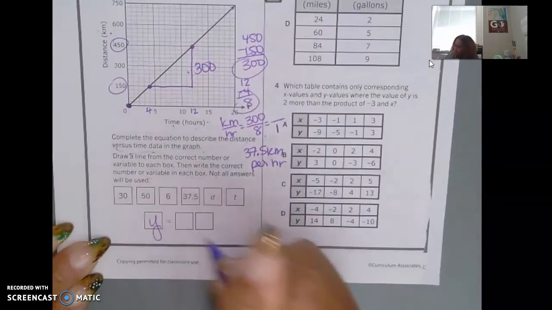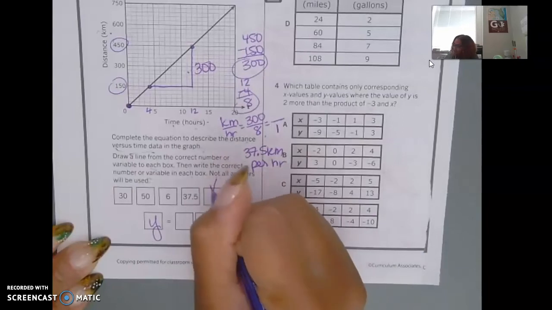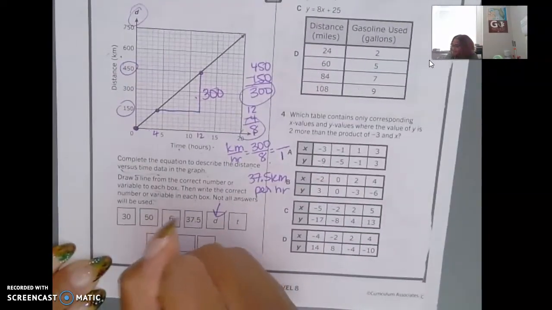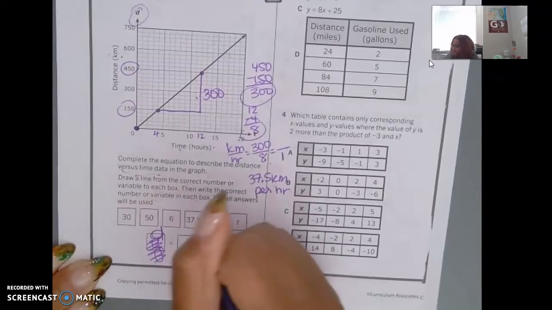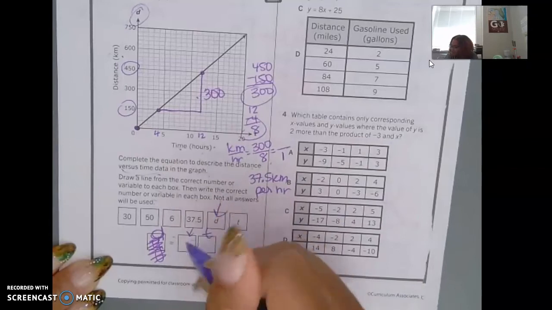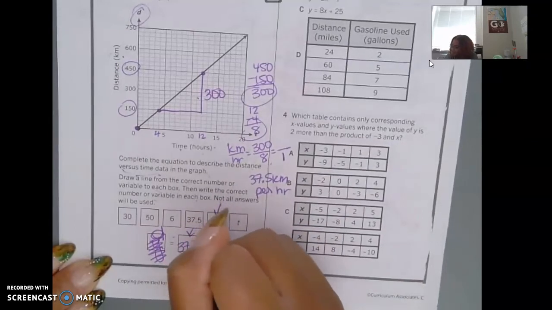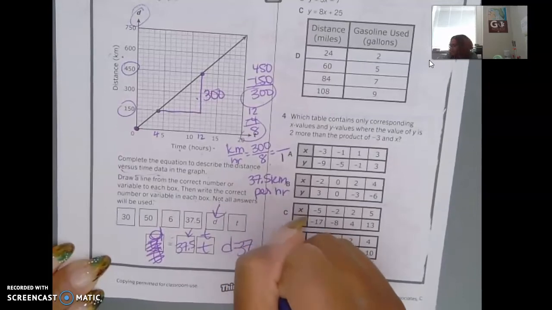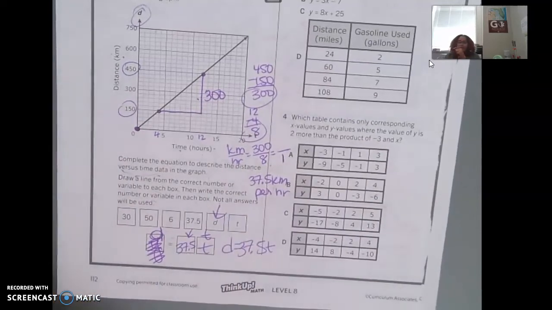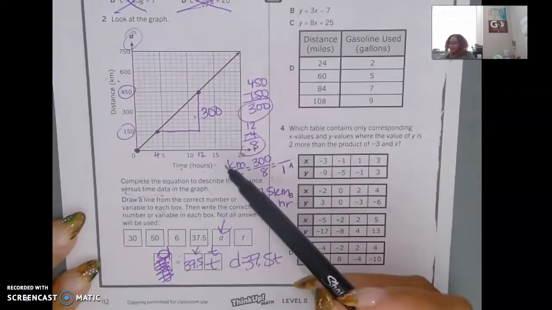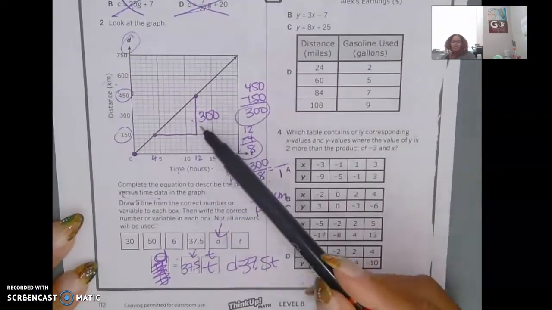So Y, that's distance. That's along my y-axis. D equals something T, and it's going to be D equals 37.5 T. And that's how we do a distance and time equation from a graph.